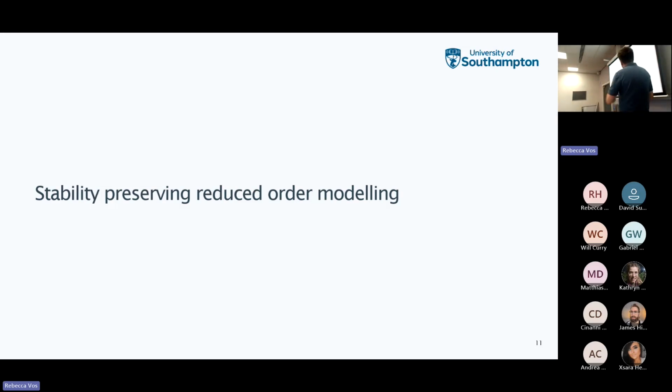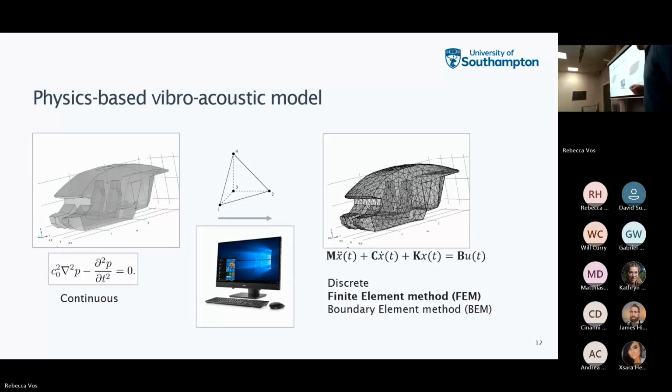I will now start talking a bit more about the technical aspects that I've been working on. I would like to start with stability preserving reduced order modeling. So we start basically from a modeling approach. We have, let's say, a car cavity. This car cavity has certain acoustics that we have to take into account. And we know that if we look at the continuous partial differential equations, we are basically looking at the wave equation here.